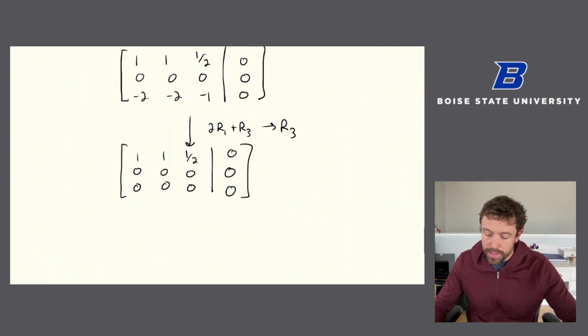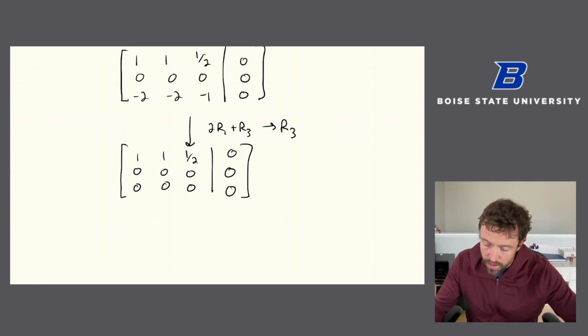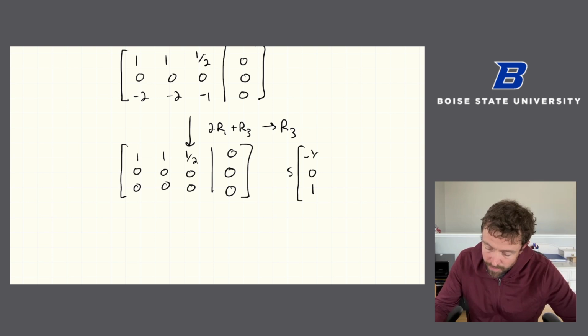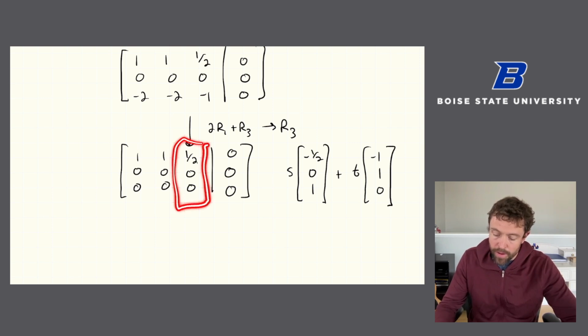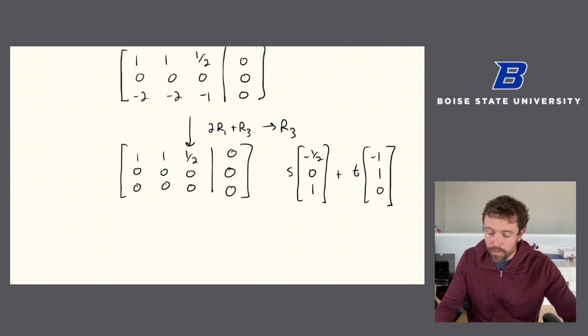And when I solve this, I end up getting that the solutions to this are all matrices of the form this. Here I made S the parameter corresponding to the free variable given by the third column, and T the parameter corresponding to the variable given by the second column.